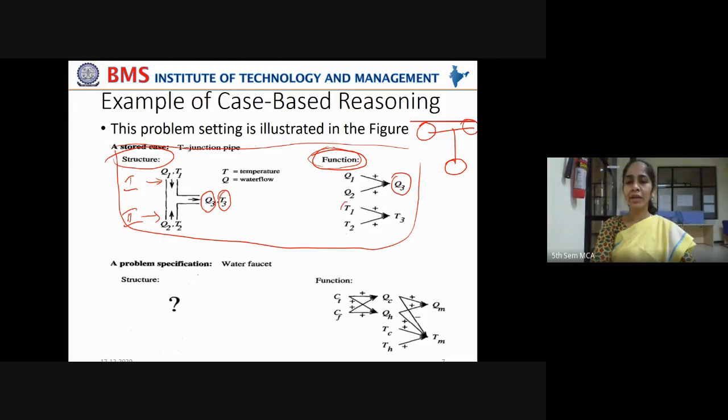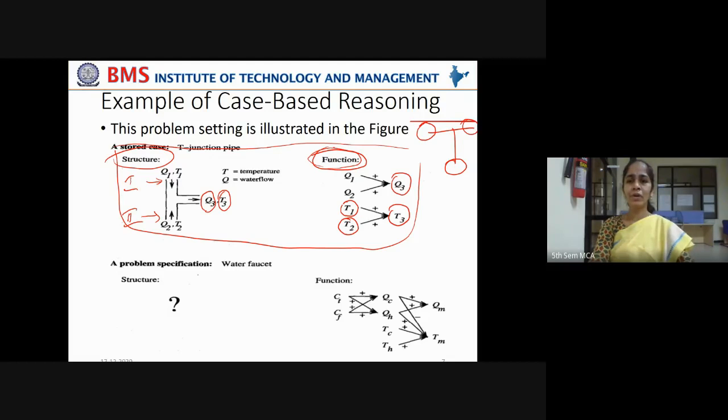In the same way, if the input is with temperature T1 and temperature T2, then it should result in a temperature T3, right? This is how the functionality is represented in the library. It is quite easy, right?